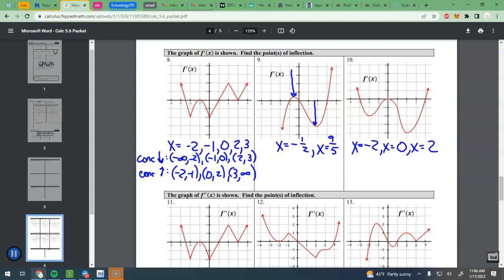Are 8, 9, and 10 okay? Questions on 8, 9, and 10 before I go forward to 11, 12, and 13?